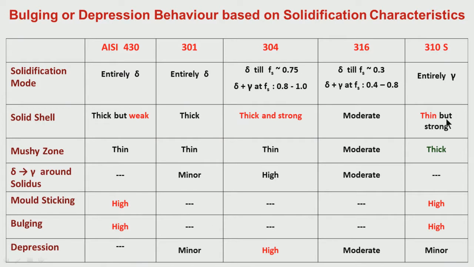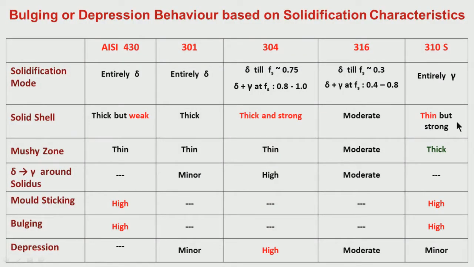But because it is thin, and I have told you, the strain is inversely proportional to the square of the thickness, even if it is slightly strong, it cannot withstand the ferrostatic force. So, the sticking strain and bulging strain will be quite high. It will have mold sticking tendency, bulging tendency, and depression is almost not there at all.